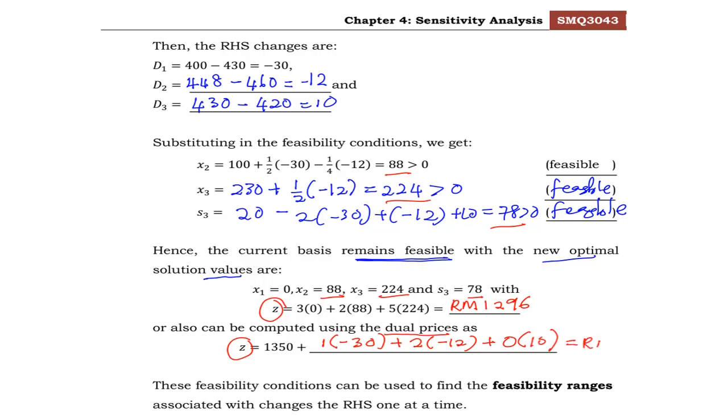Therefore, RM 1,296. So these feasibility conditions can be used to find the feasibility range associated with changes in the right-hand side one at a time.